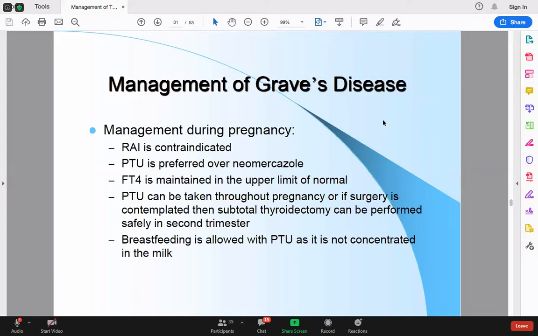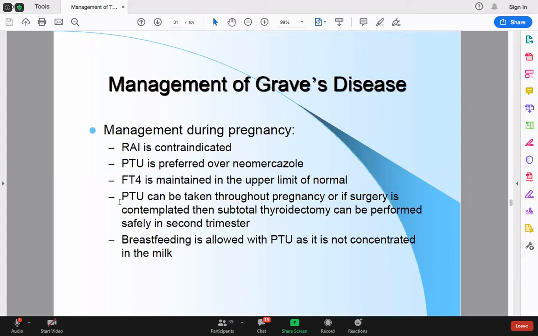Okay. So during pregnancy, well, the radiation therapy is contraindicated because it's so teratogenic. We talked about the PTU being preferred over the methimazole and the other group, and the reason is it's less teratogenic. So both are teratogenic, but the PTU is less teratogenic.